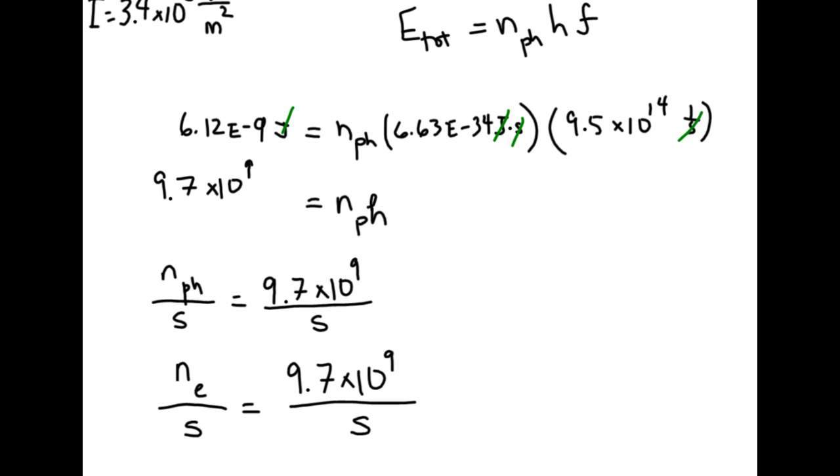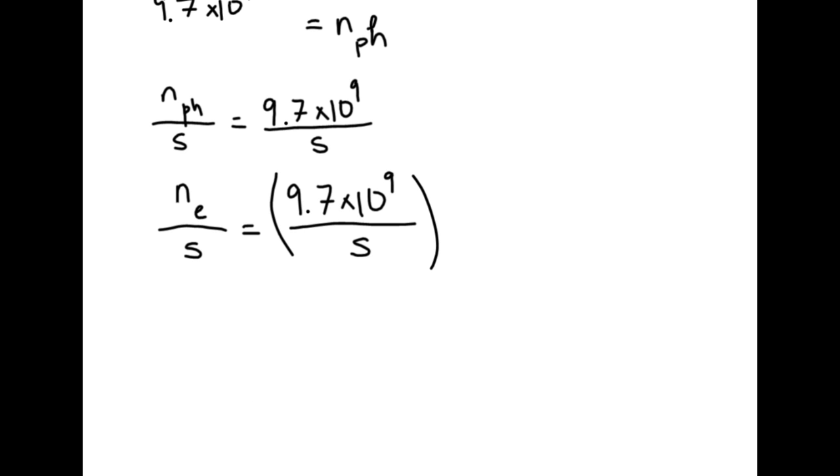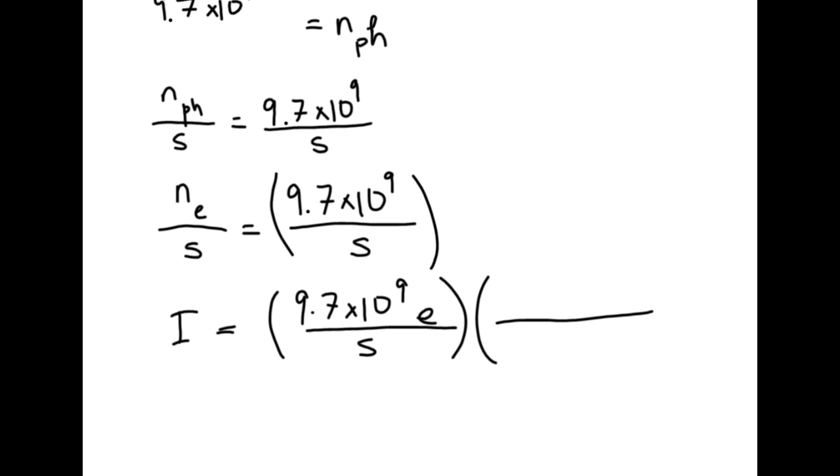Which means if I want to find the charge, I multiply. So the current is the 9.7 times 10 to the 9 e per second, and each e is 1.6 times 10 to the negative 19 coulombs.